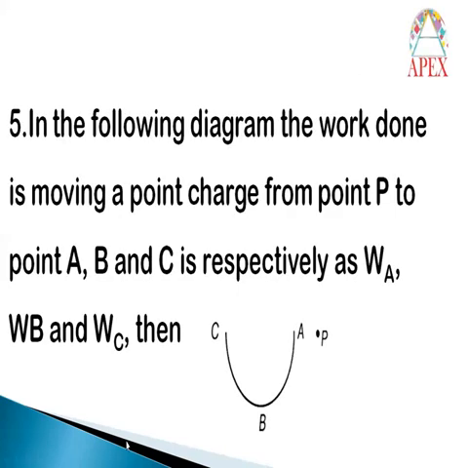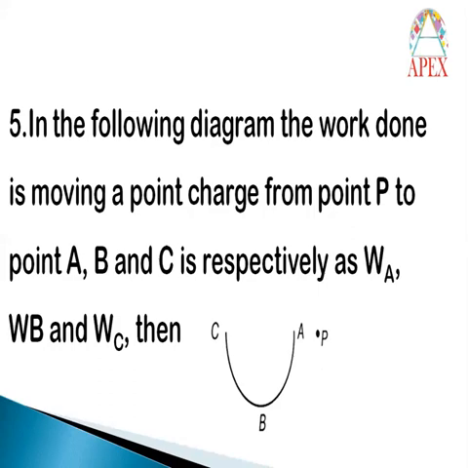Now question number 5. In the following diagram, the work done in moving a point charge from point P to point A, B and C is respectively WA, WB and WC.